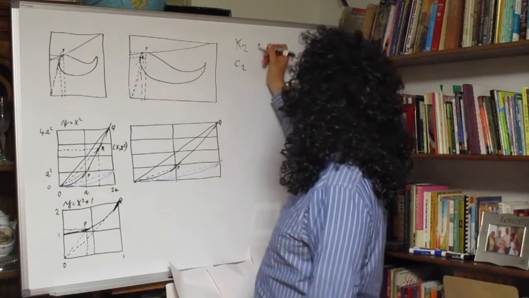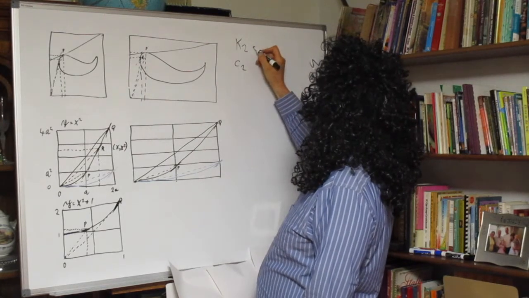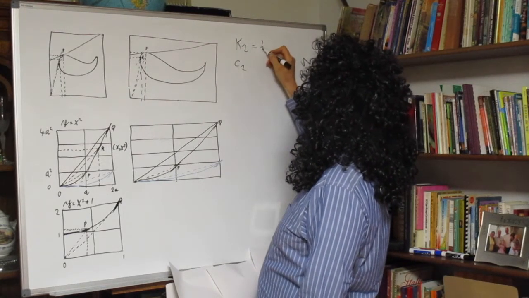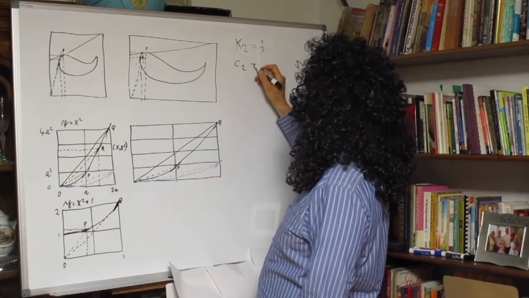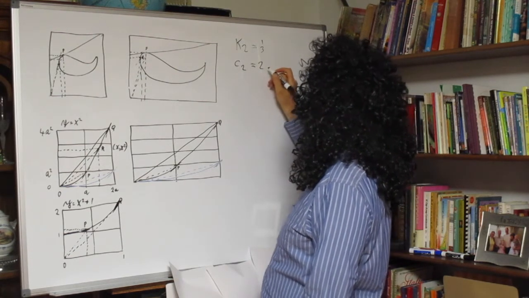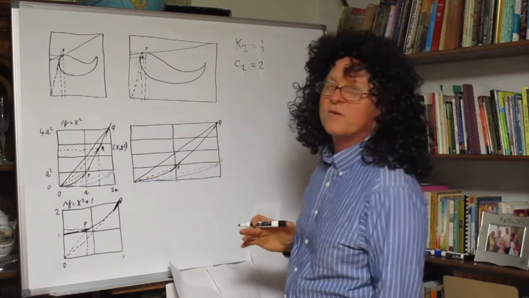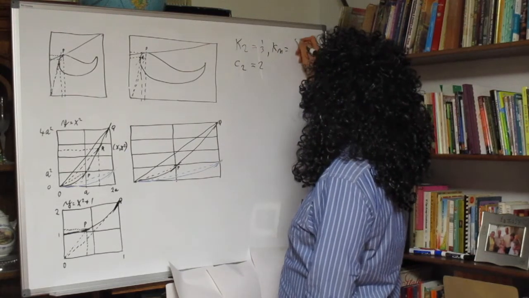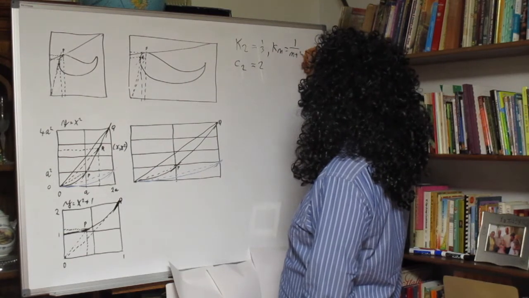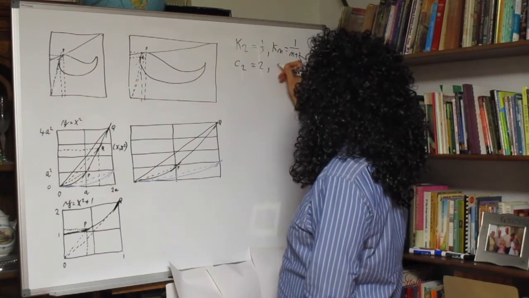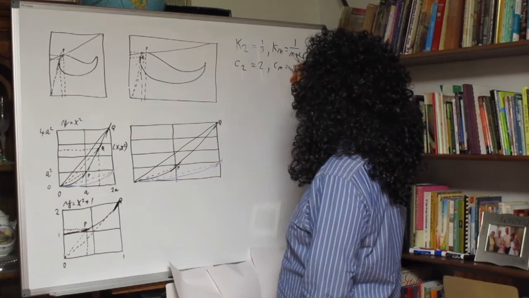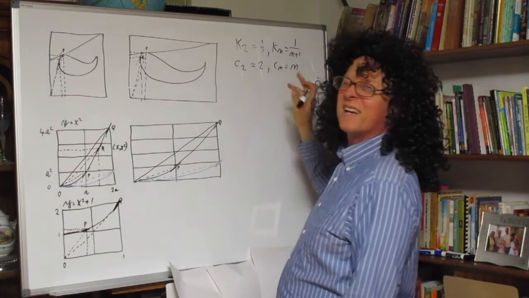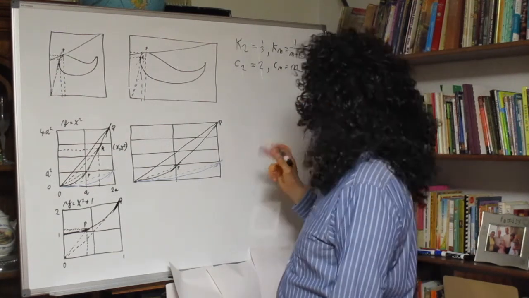And we found out that K2 is equal to 1/3 and C2 is equal to 2. Actually, we have found that K sub n equals 1 over n plus 1 and C sub n equals n. We have found that out.